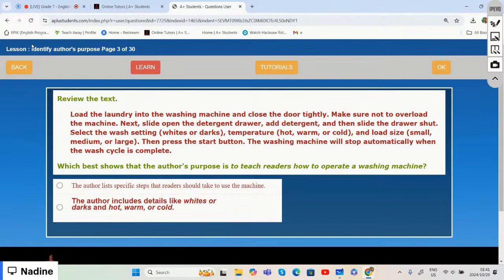We now need to look, when we read that text, we need to say which best shows that the author's purpose is to teach readers how to operate a washing machine. Is it option one? The author lists specific steps that readers should take to use the washing machine? Or the author includes details like whites or darks, hot, warm, or cold?